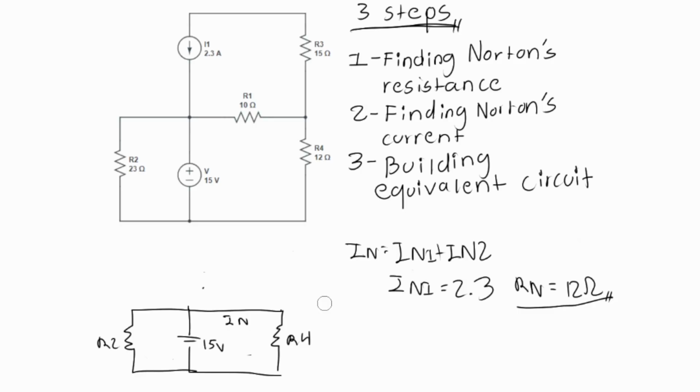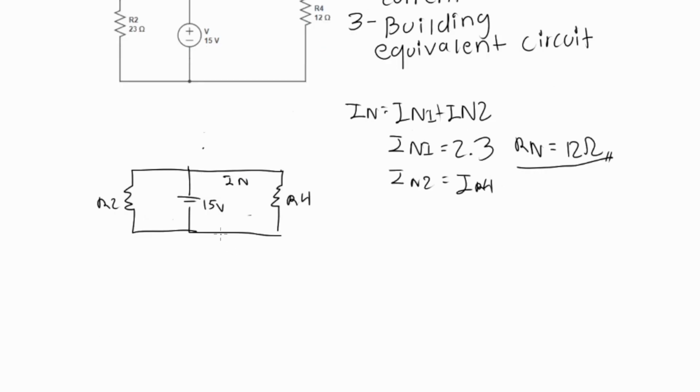And we obtain the following circuit. It's also pretty evident the fact that the current in resistor 4 will equal Norton's current 2, because these two are in series. So we can say that Norton's current 2 equals resistor 4 current. So we just have to obtain this value.